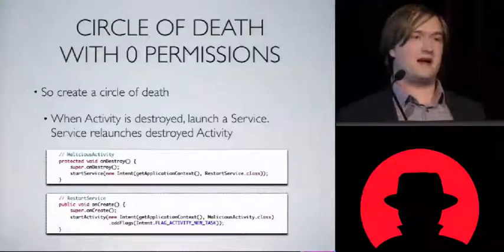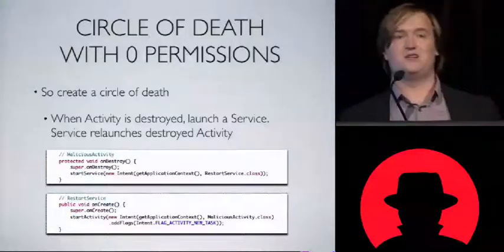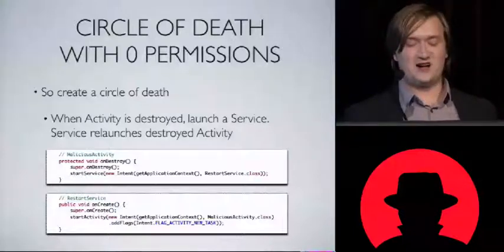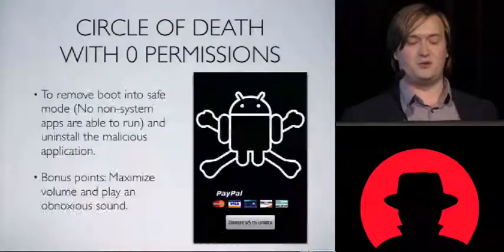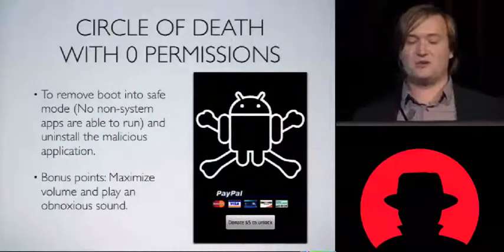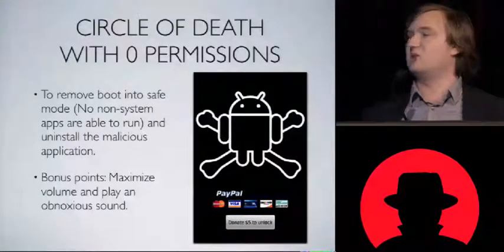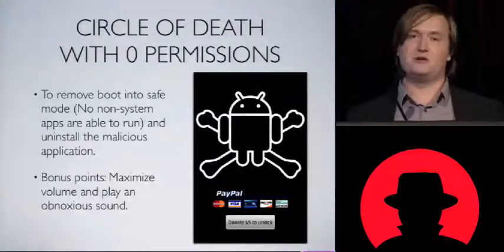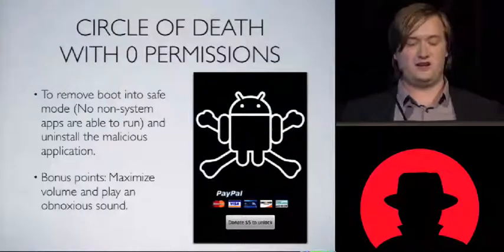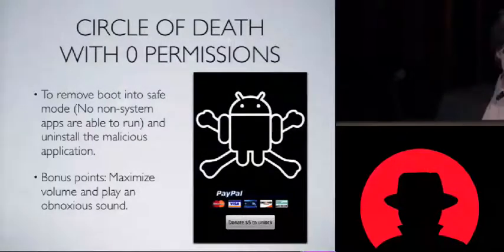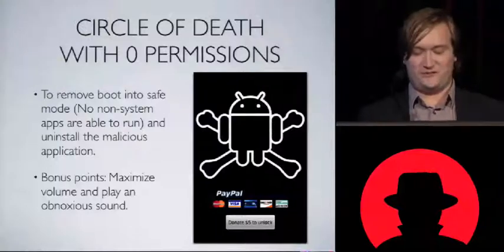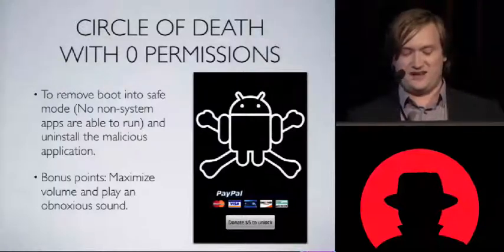As soon as that app dies again, the service would start again, launch the activity again, and you wouldn't be able to escape from this without, say, restarting your phone, or you can actually reboot into safe mode, which makes it so no non-system apps are running on your phone, and then you could find the malicious app and uninstall it. And if you want some bonus points, you can do something fun like play a nice sound.